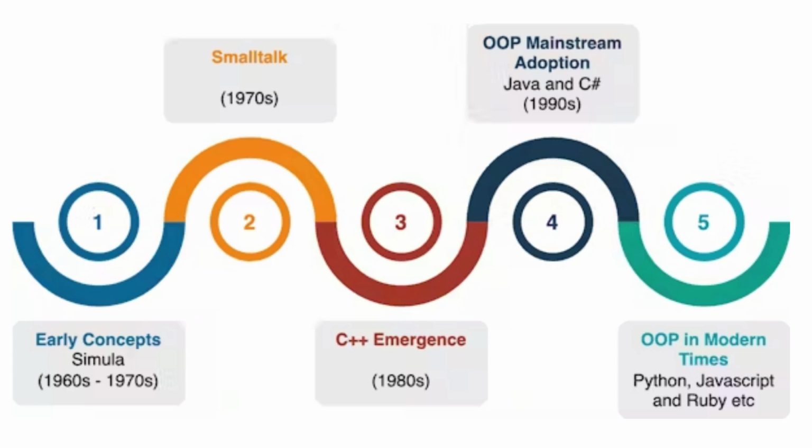Today, object-oriented programming is a core paradigm in software development, influencing how complex systems are designed and implemented. Its history reflects the ongoing quest to make programming more intuitive and efficient and aligned with real-world problem solving. The journey of OOPS showcases its importance in developing robust and efficient applications.